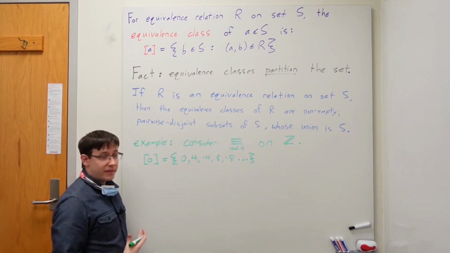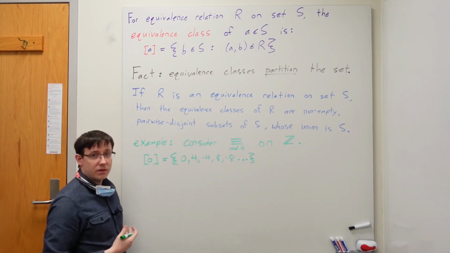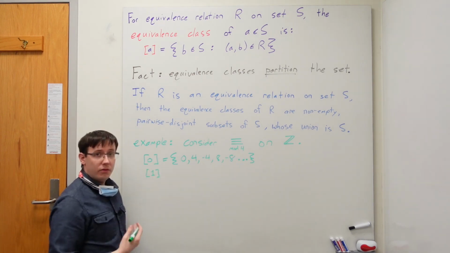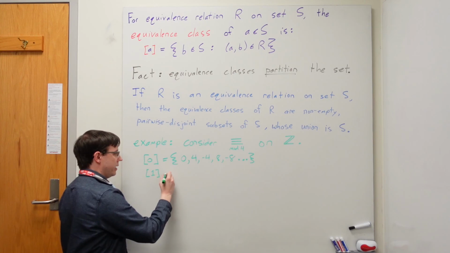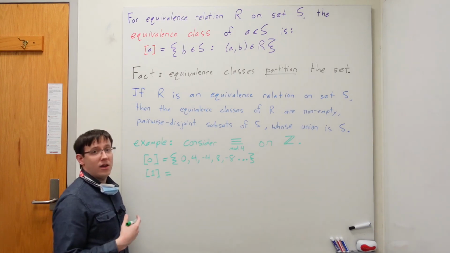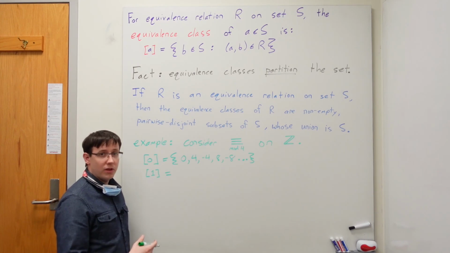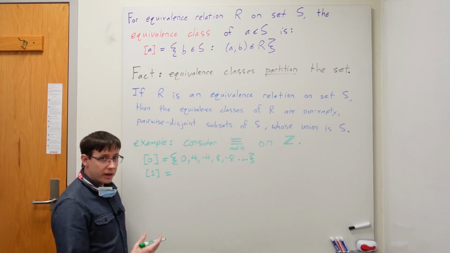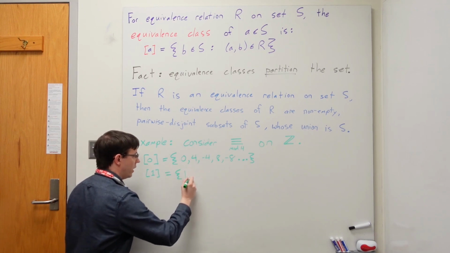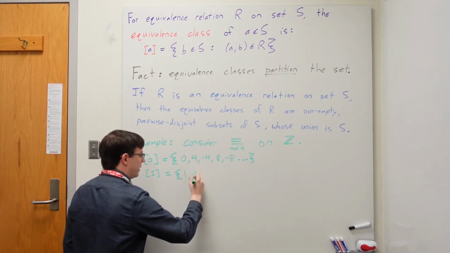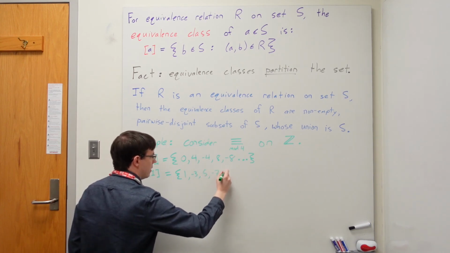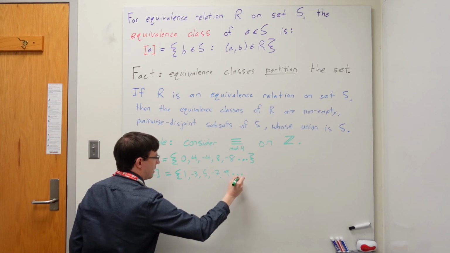Now we can pick something that was not in the equivalence class of 0 and think about its equivalence class. The equivalence class of 1 is all of the things that are congruent to 1 mod 4, and that's all of the integers that have a difference from 1 that is a multiple of 4. So this set includes 1, -3, 5, -7, 9, and so on.